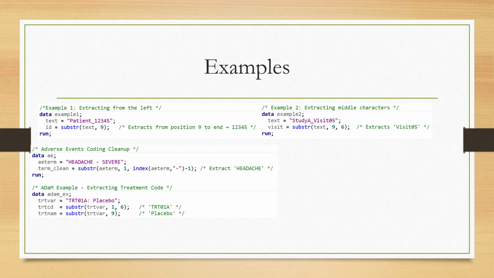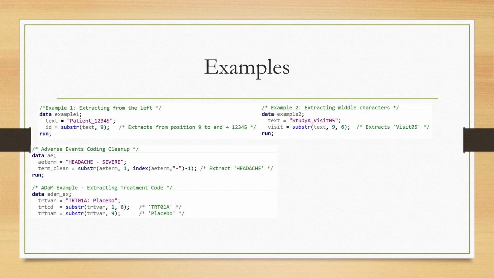So in this example, in the visit variable, I am reading the text character string, and I have mentioned the starting position as 9, and I want it to read the next 6 characters. Please note that the length mentioned here is the number of characters it should read from the starting value mentioned.